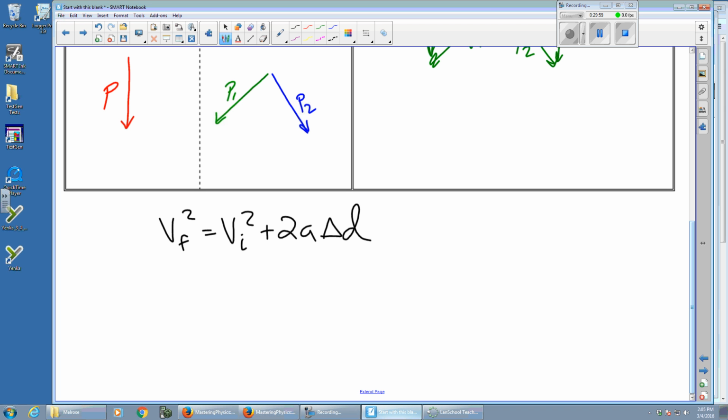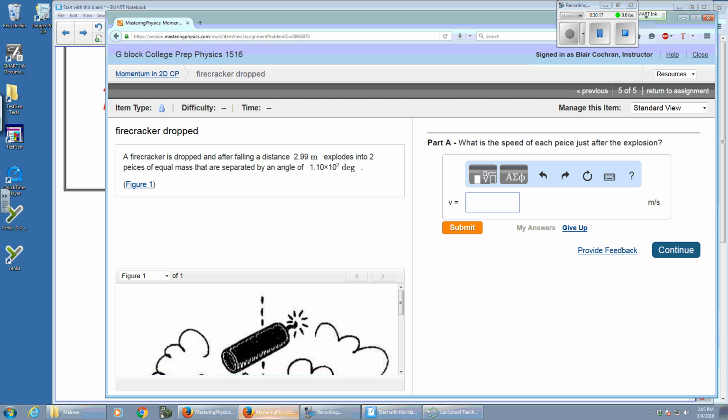And I look and say, okay, if it was dropped, V initial is 0. I said it was accelerating at 9.81. And mine dropped a distance of 2.99 meters.